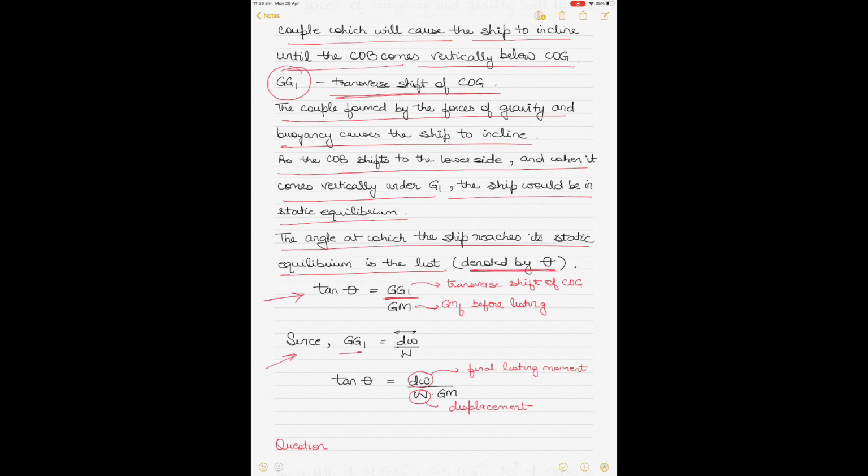But because GG1, or the shift in the center of gravity, is also calculated by the distance moved times the weight moved, which is denoted by small w, divided by displacement, tan theta can also be written as d times w by W, which is equal to GG1. So this equation is equal to GG1 by GM.